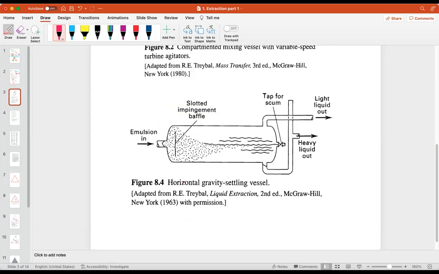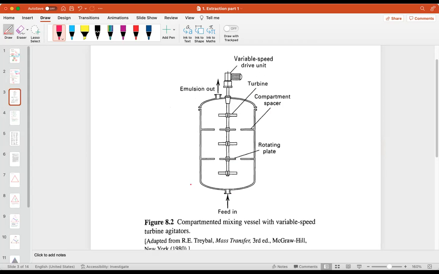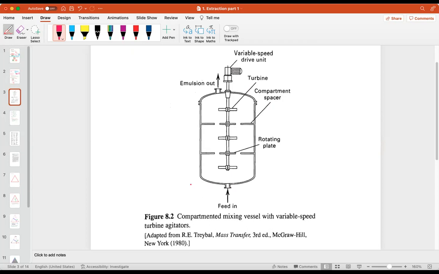Now I want to show you again the schematic of the application. This one, for example, is the compartment mixing vessel with a variable speed turbine agitator.